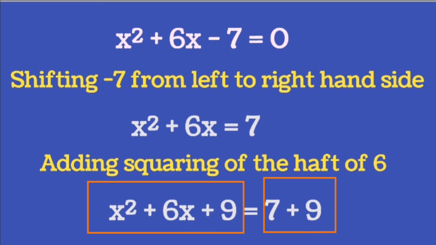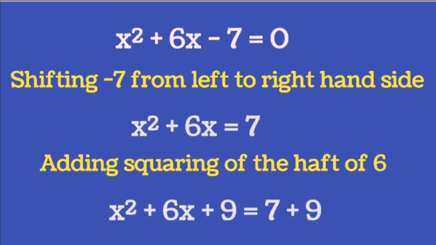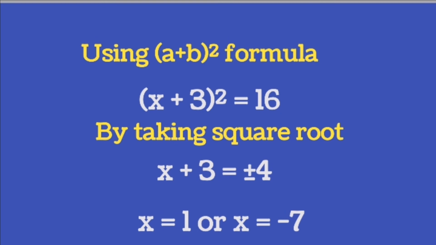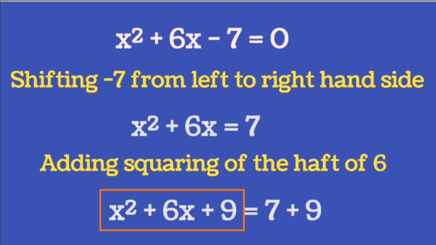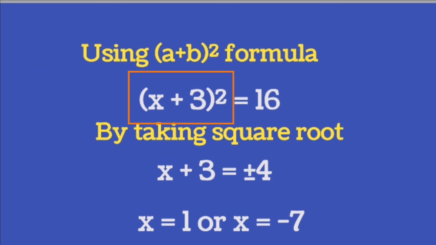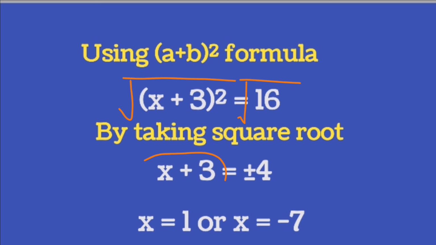Now by using the a plus b whole square formula, x square plus 6x plus 9 becomes x plus 3 whole square, and 7 plus 9 becomes 16. Now by taking square root, we get x plus 3 is equal to plus minus 4.